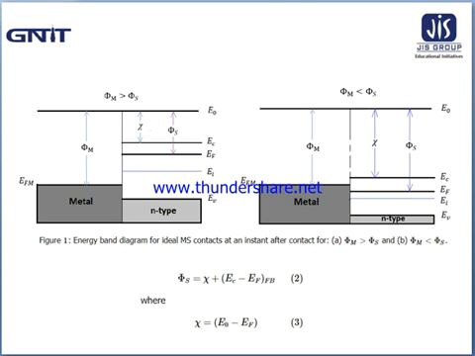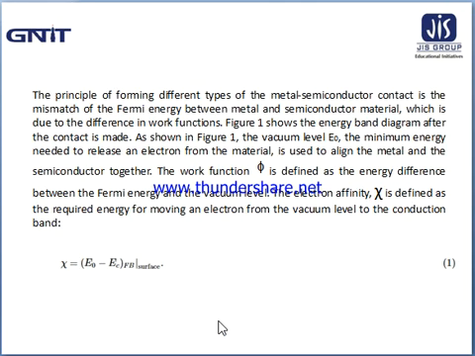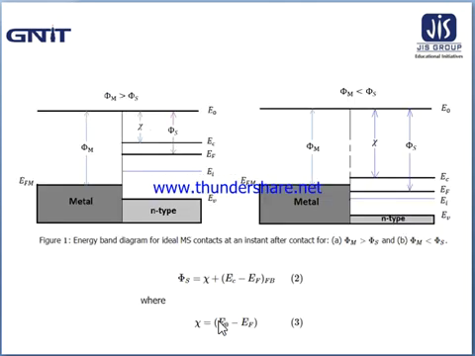However, the work function of the semiconductor is related to the electron affinity, the conduction band, and the Fermi energy. That is phi s equal to chi plus EC minus EF at FP. And here, chi, as you already know, equals E0 minus EC.